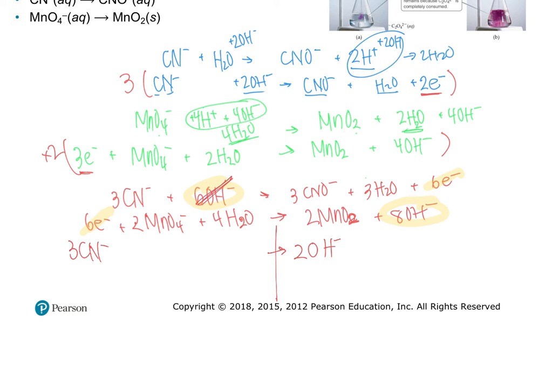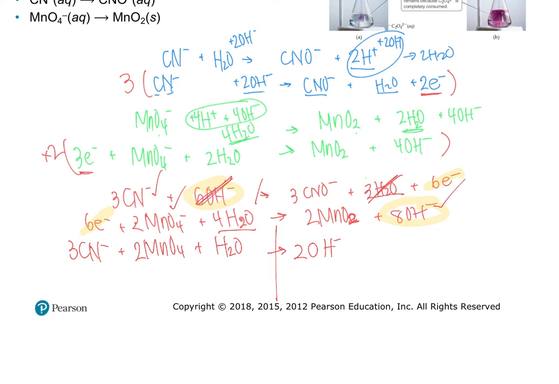Okay. Permanganate, I have 2 of those. And then water, I have 4 waters on this side and 3 waters on this side. So these are all going to go away, and we're left with 1 water on my reactant side. So check, check, check, done.